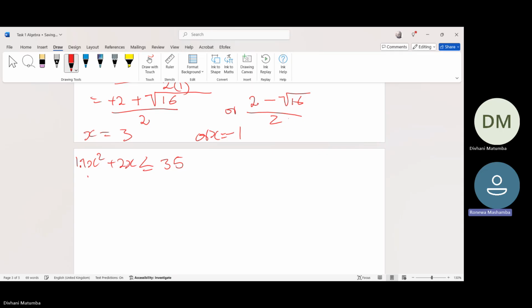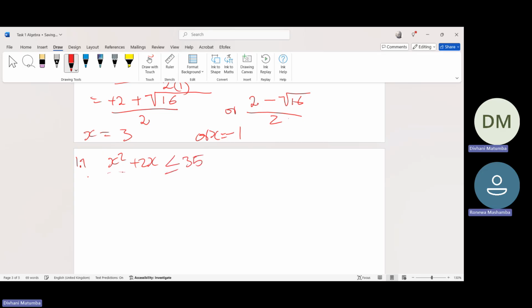So could we possibly divide both sides by 2 to eliminate the coefficient of x there? Oh, I think I see what you mean. Okay, that's 1.7: x squared plus 2x greater than or equal to 35.